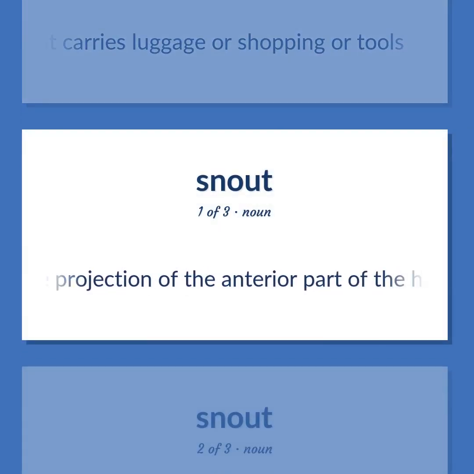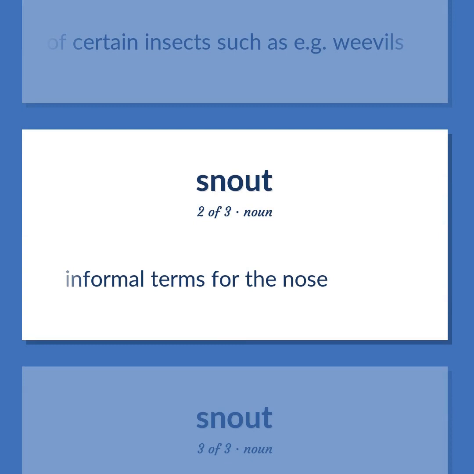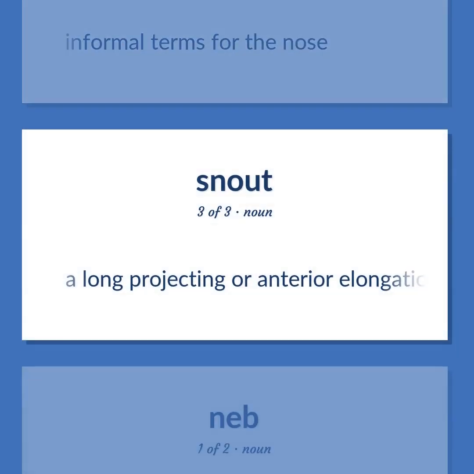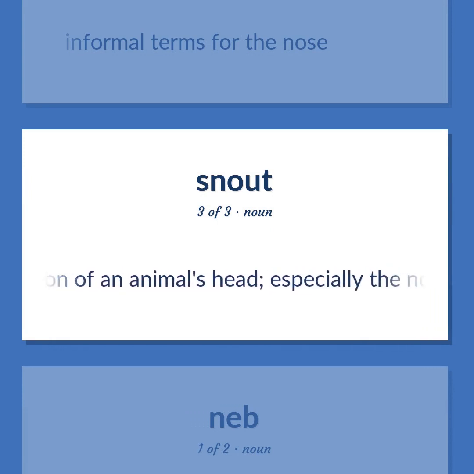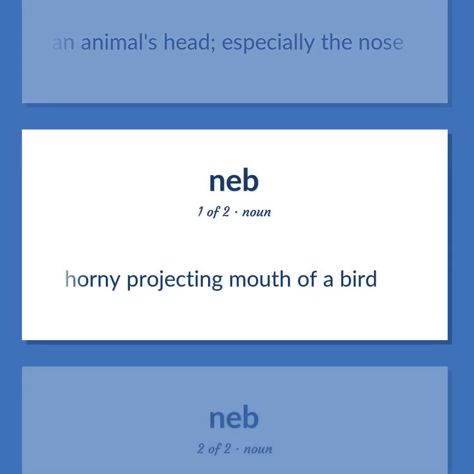Beak-like projection of the anterior part of the head of certain insects such as weevils. Informal terms for the nose. A long projecting or anterior elongation of an animal's head, especially the nose. Horny projecting mouth of a bird.